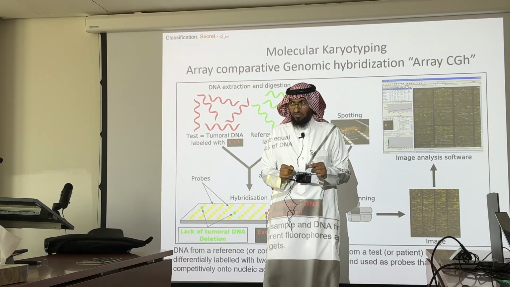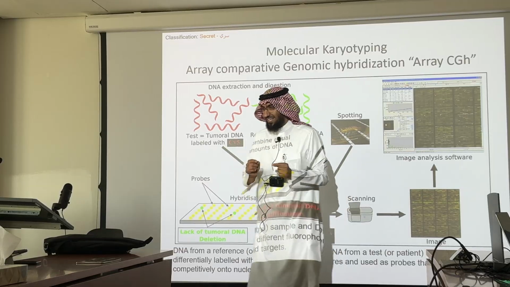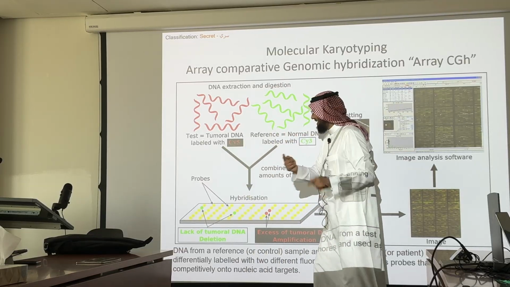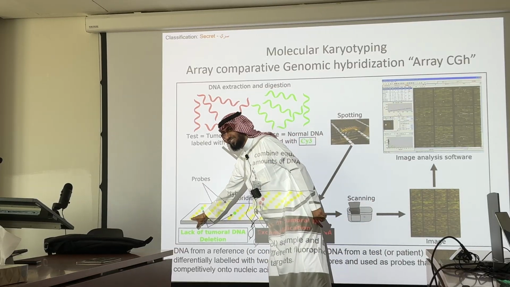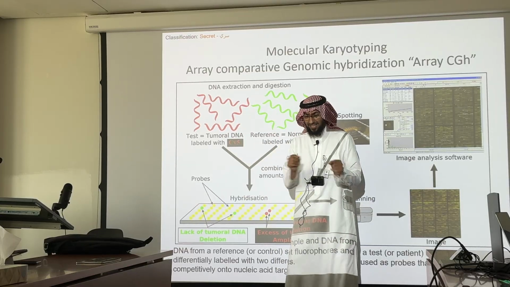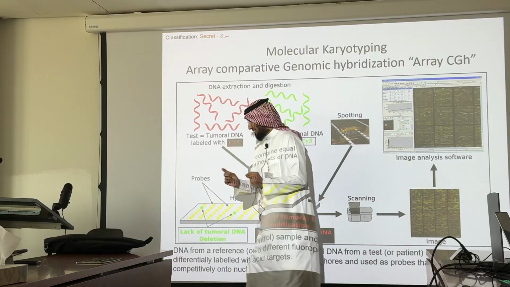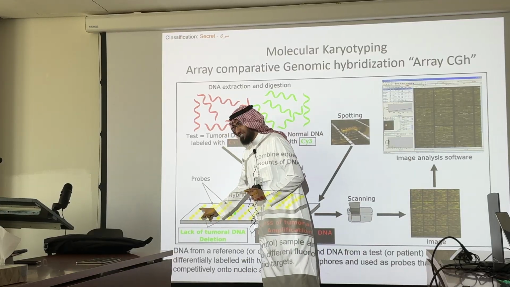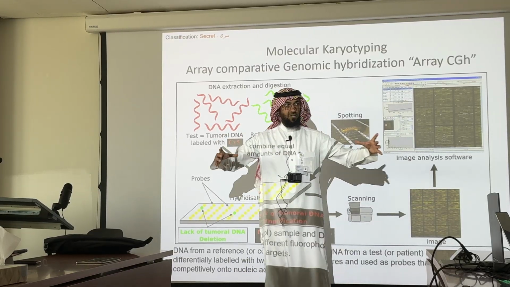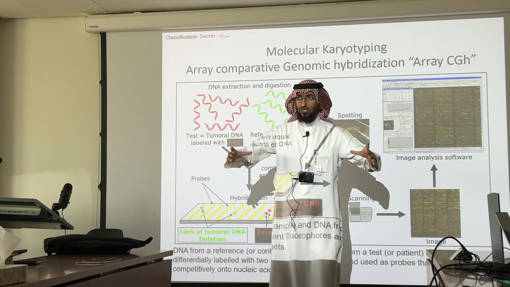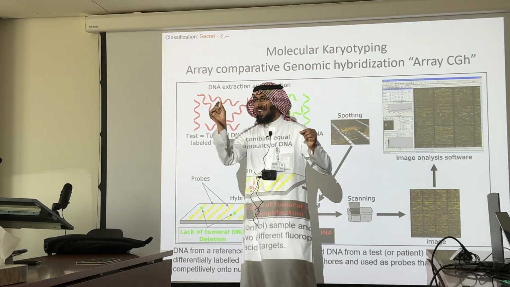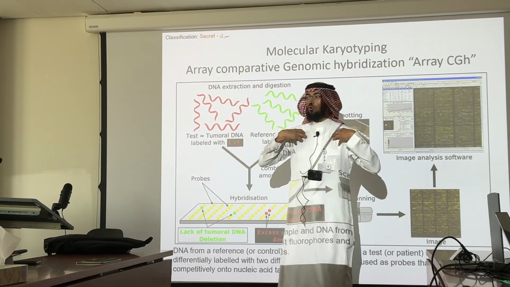Let's say a 25 oligonucleotide sequence, single strand, and they put it on that slide. Then they take another segment and put it here and here and here. They put on this slide thousands of single-strand pieces of our normal genome.